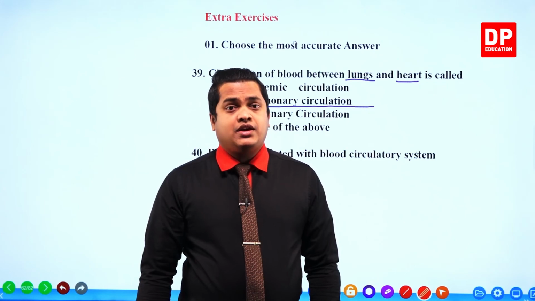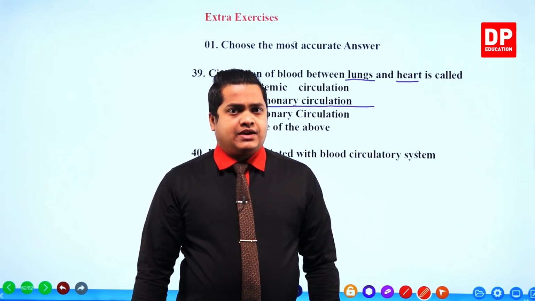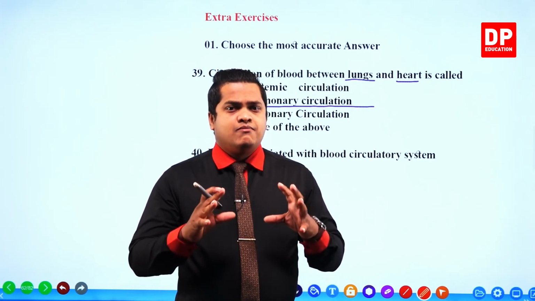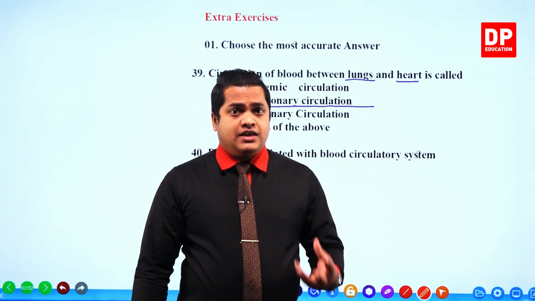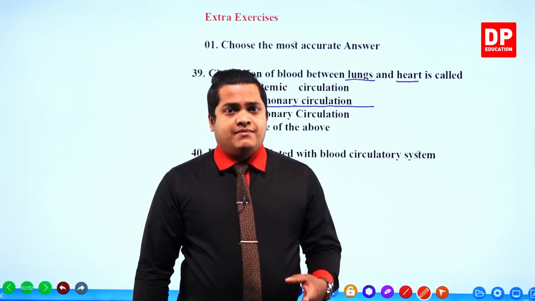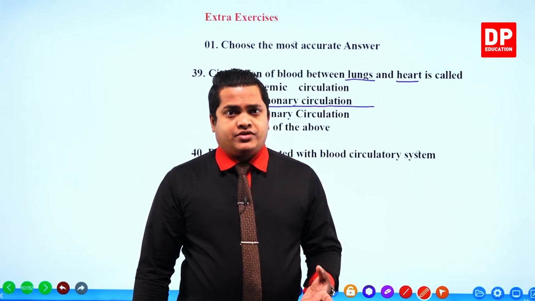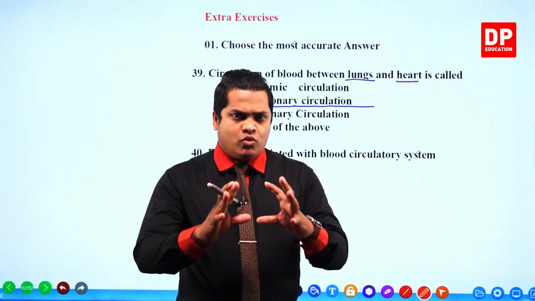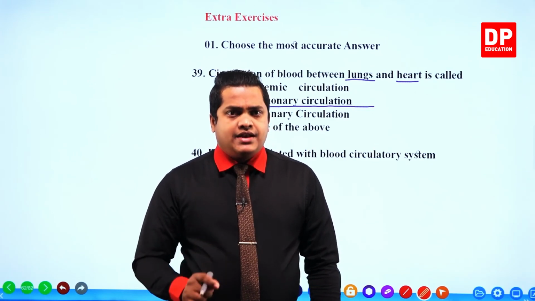It cannot be 100% correct, but we have to select the most accurate one out of the given ones. So when there are several answers for the same question, among the four answers you have to select the most accurate and most closely related answer, then underline that one.